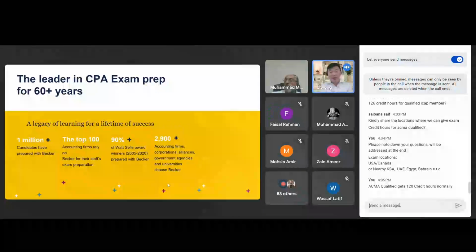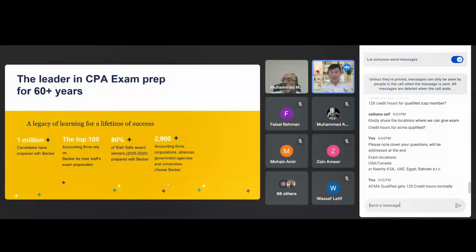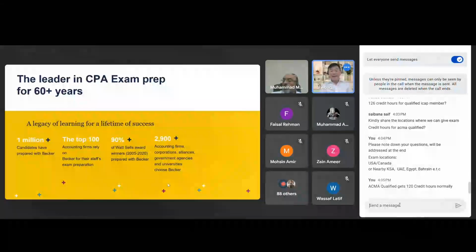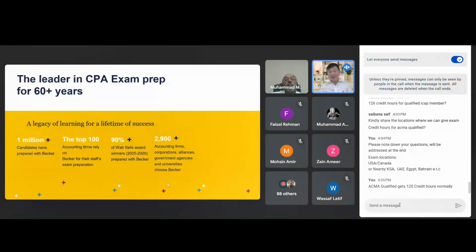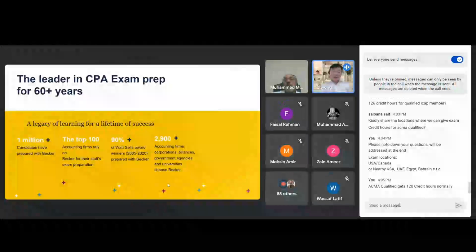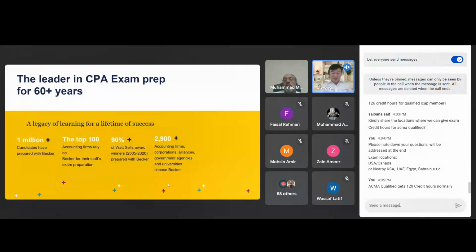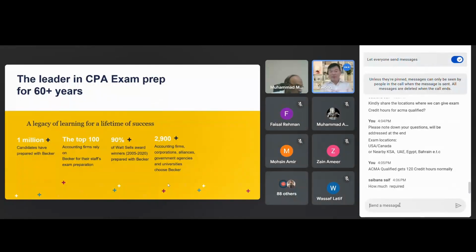Since 2005, the AICPA has been giving out the Elijah Watt Sells Award to the top scorers on the CPA exams. Basically, if you pass on the first attempt with an average of 95.5 across all four exams, you'll receive that award from the AICPA.